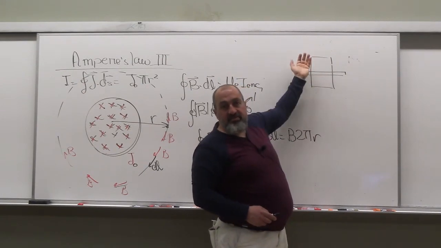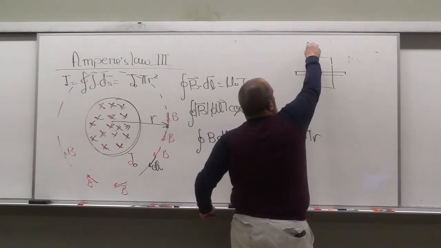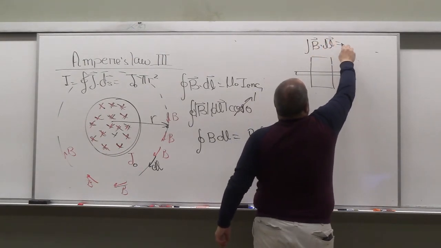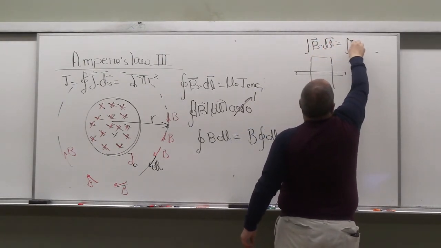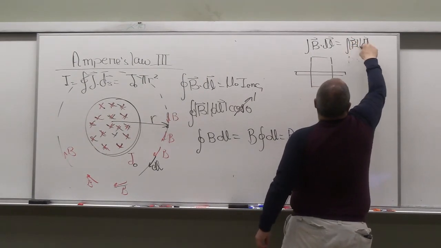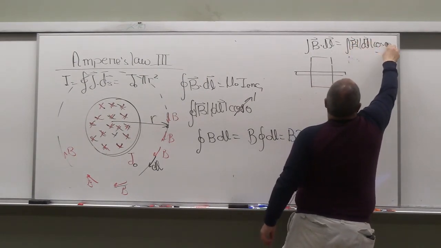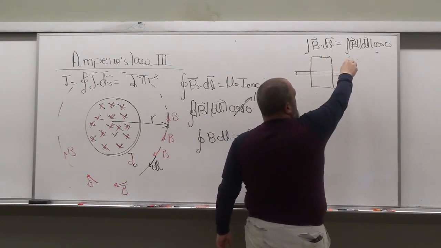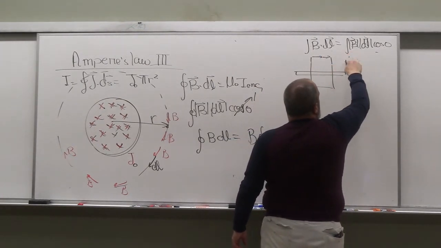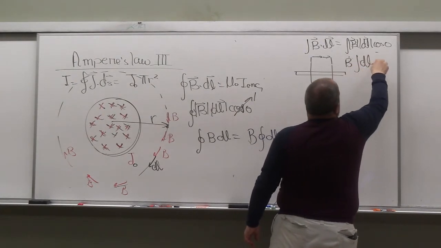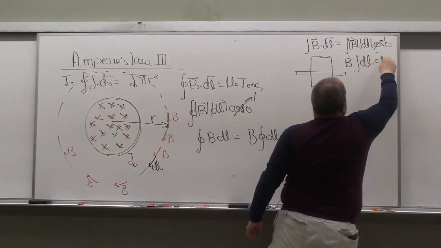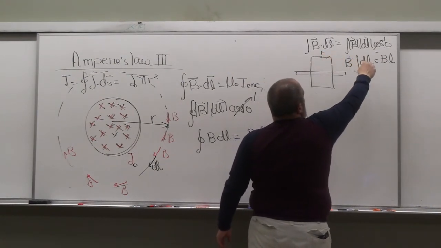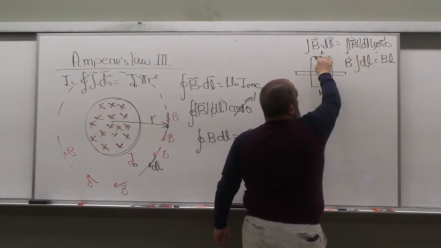B is uniform, so B comes out of the integral of dL, and that became B times L. So you had one of those at the top, and one of those at the bottom.